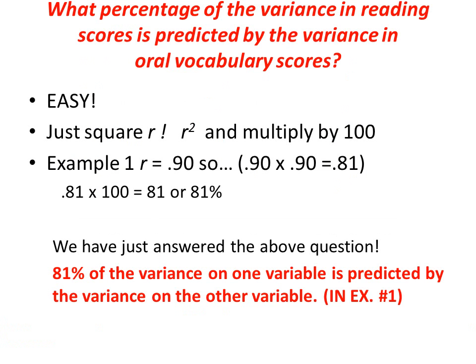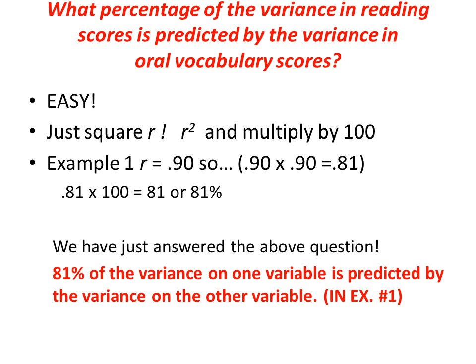That actually is easy, so we can answer this question. It's easily determined. We simply square r and multiply it by 100. For the scores in example 1, r is equal to 0.90. So 0.90 times 0.90 equals 0.81, and 0.81 times 100 is equal to 81, or 81%.